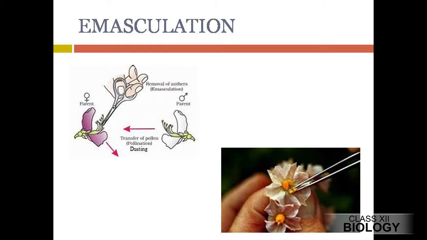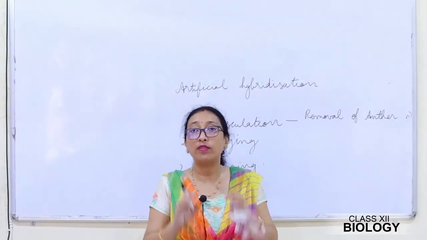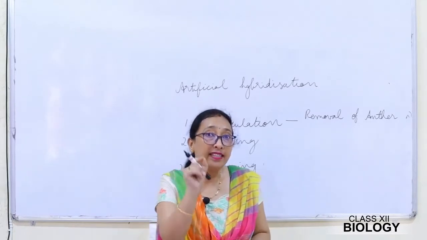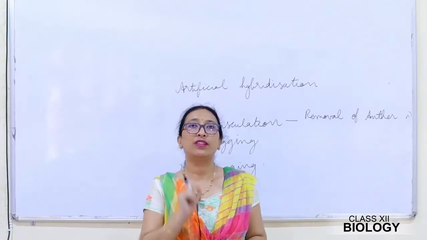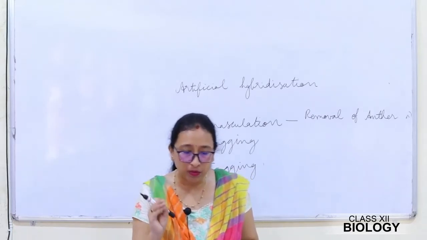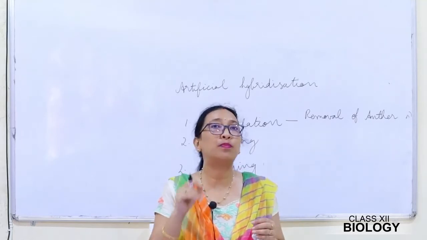If it's a monoecious plant, that is both the sex organs are present in the same plant, female and male, that time we have to remove the anther. How is the anther removed? There are forceps which are present when you perform practicals.